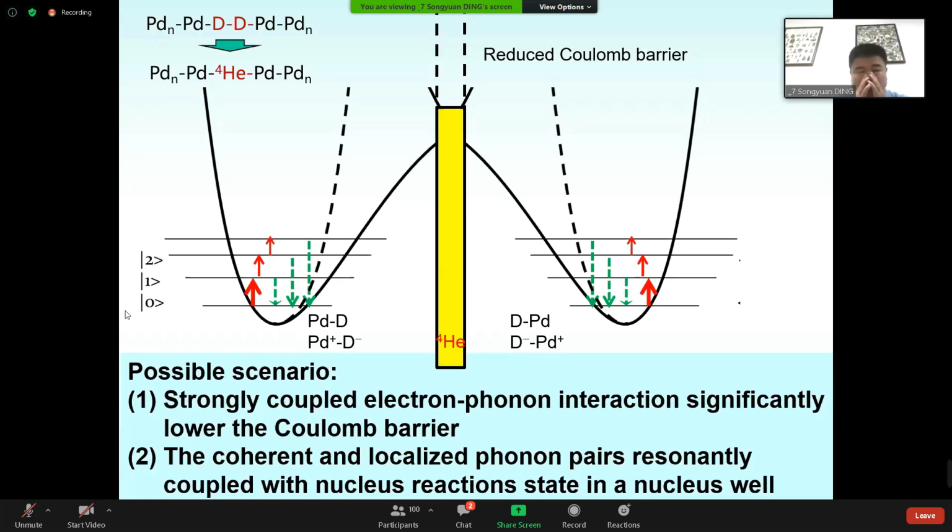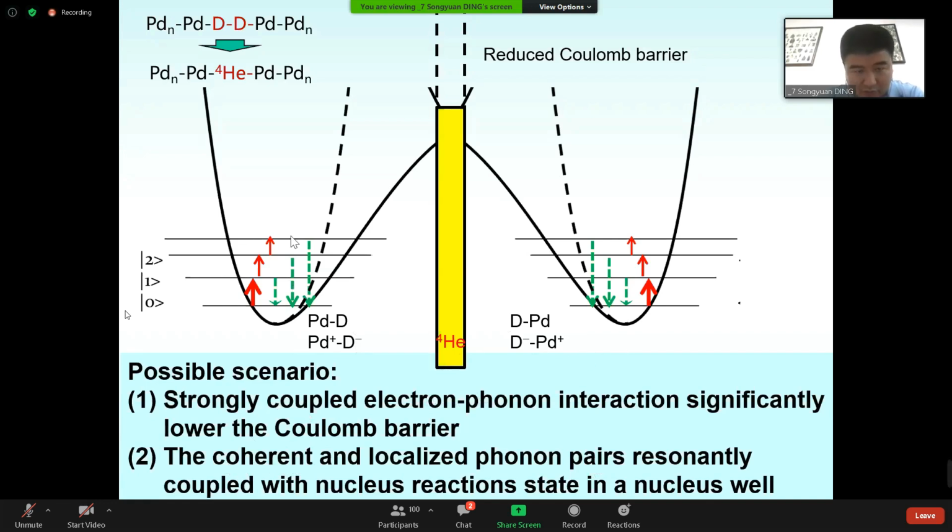So the possible scenario: the strongly coupled electron-phonon interaction significantly lowers the Coulomb barrier, and the coherent and localized phonon pairs here and here are resonantly coupled with the nuclear reaction state in the nuclear well.